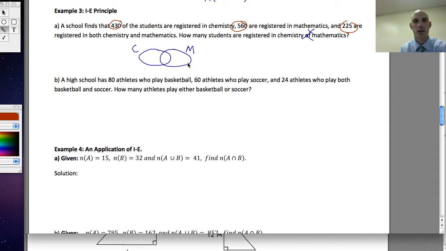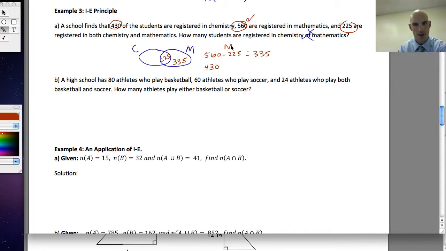Remember, we're going to start from the middle. So if 225 are in the middle here, and total in mathematics, there's 560. To figure out this part, we do 560 minus 225, which is going to give us 335, and we've got over here 430.